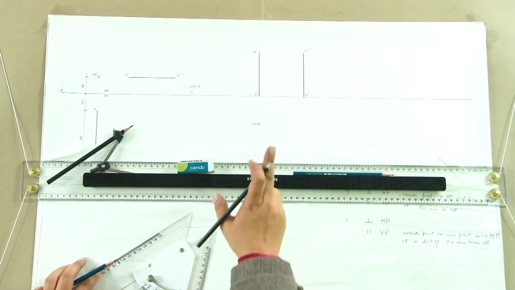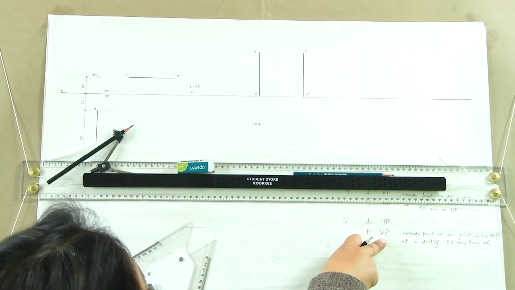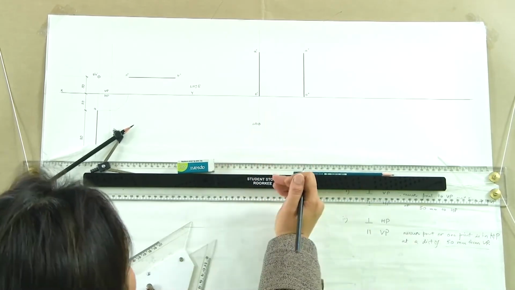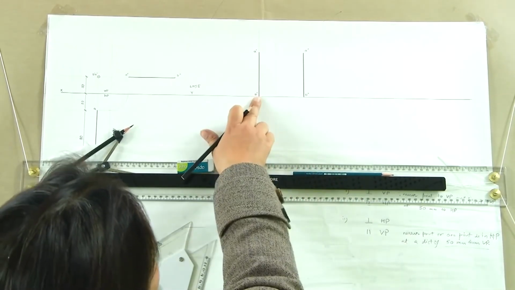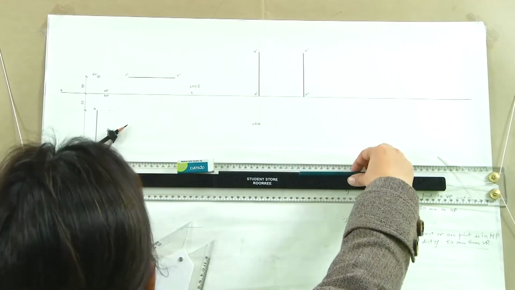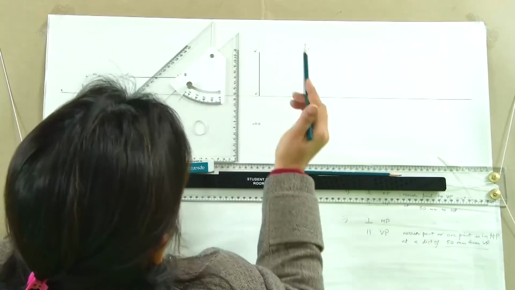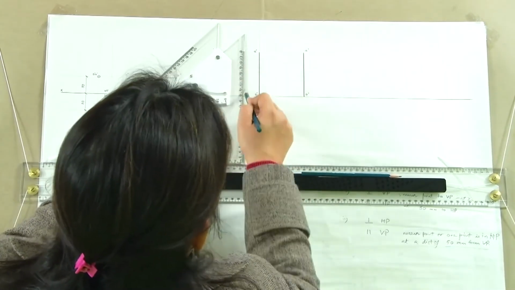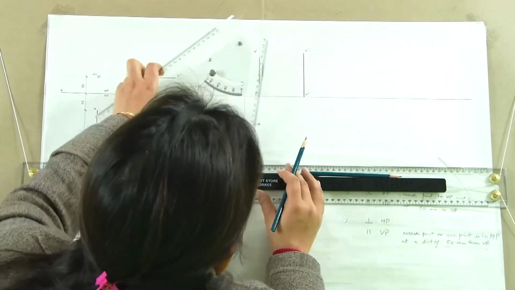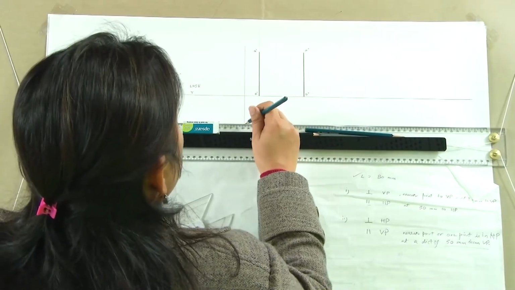This is what the projection of a line which is perpendicular to HP and parallel to VP would look like when one of the points is in HP. So, what now? We will quickly dimension it and check if we have clearly represented all the conditions here.